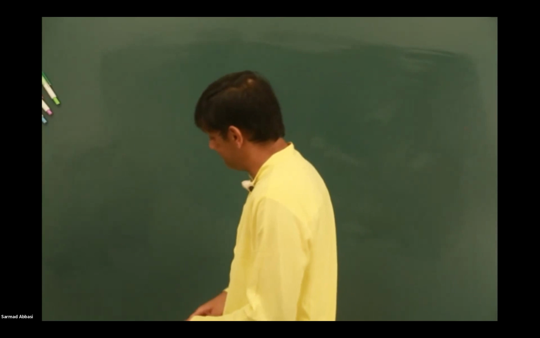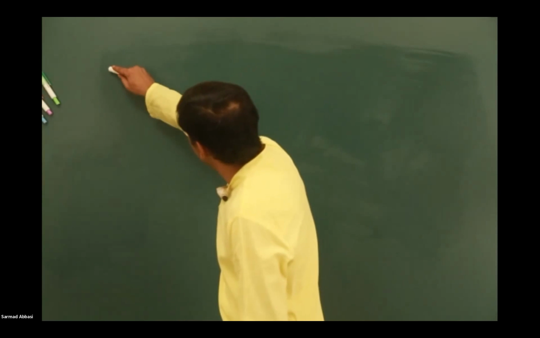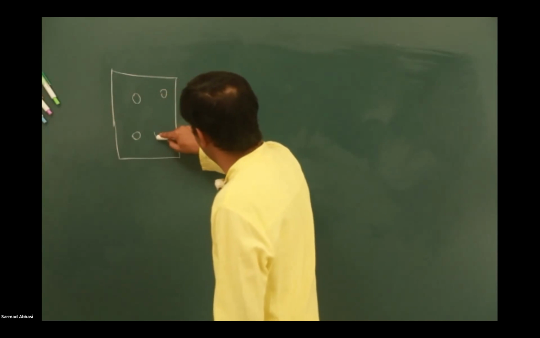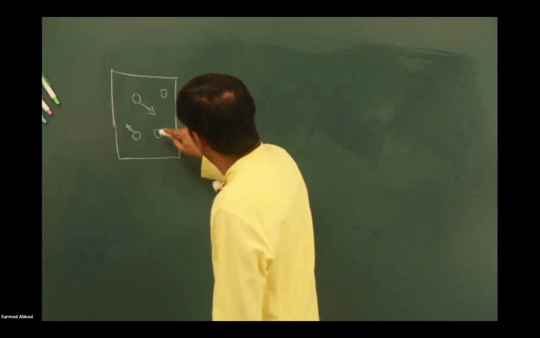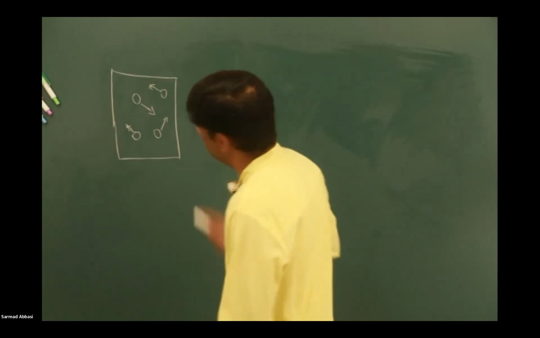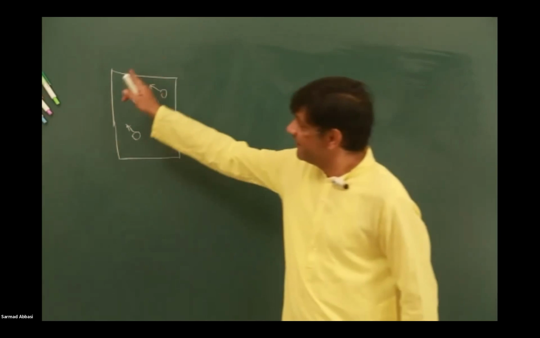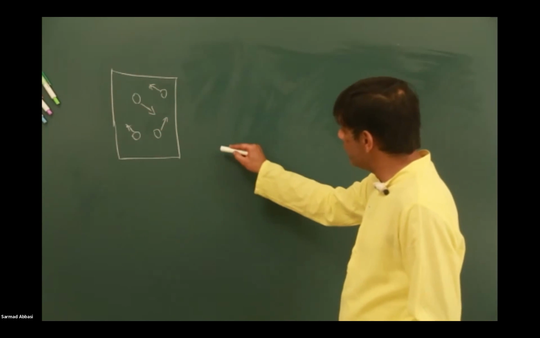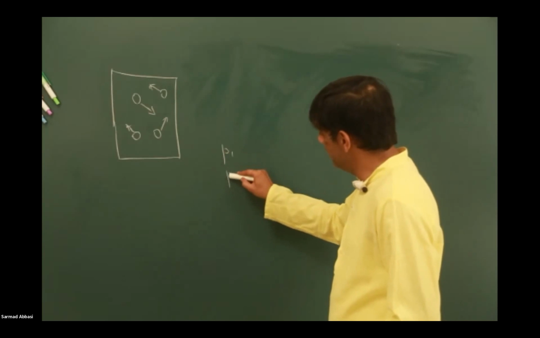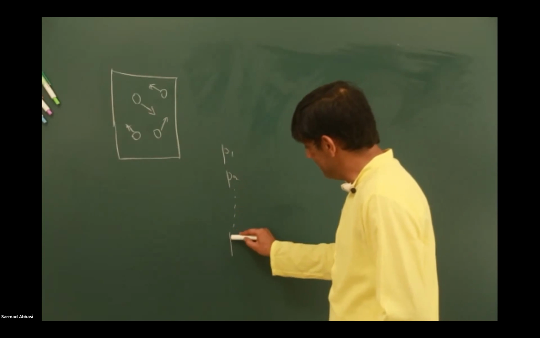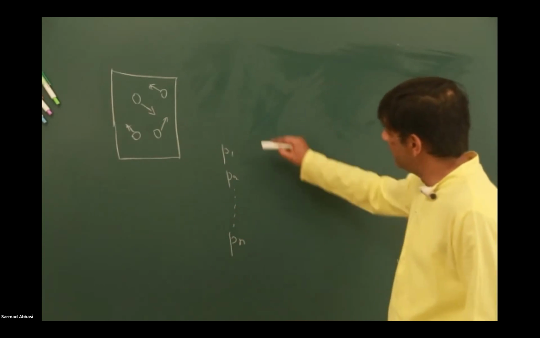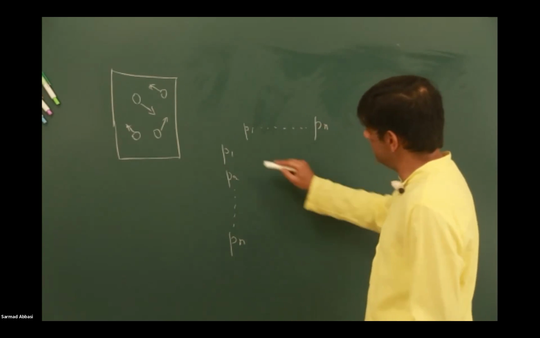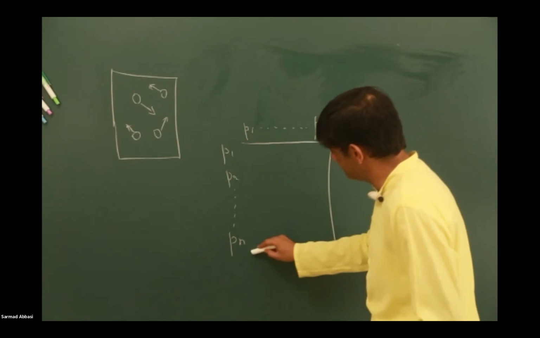The system has several particles moving in different directions at different velocities. For the moment, let's ignore the boundary. So what I can do is write down all n particles in rows, and I can write down the n particles in columns.